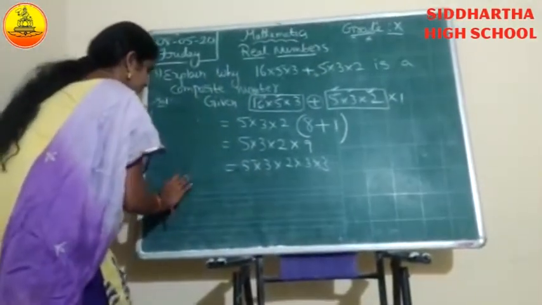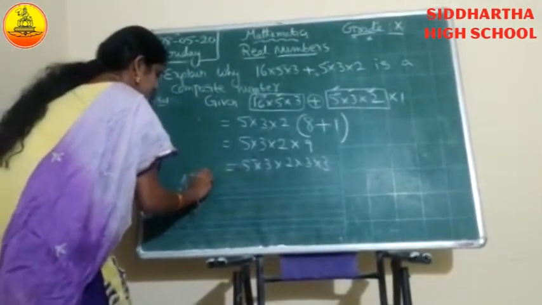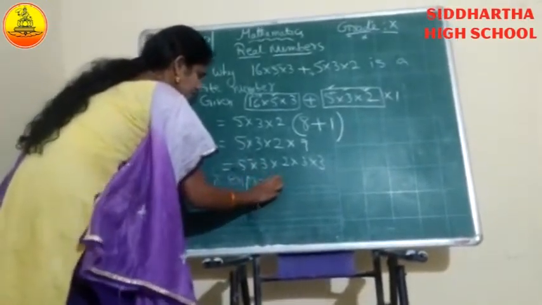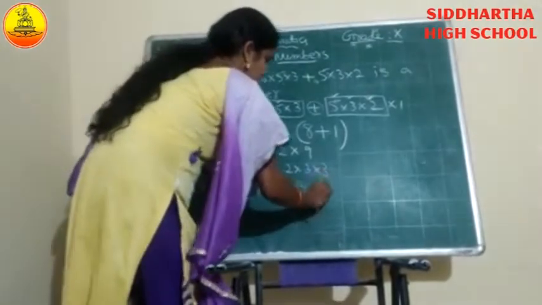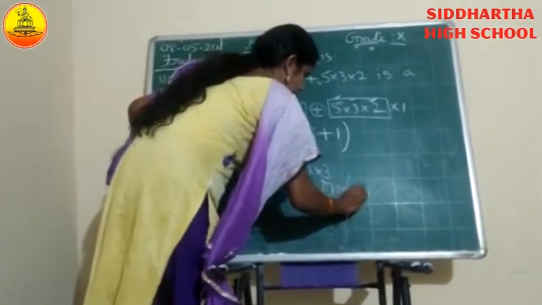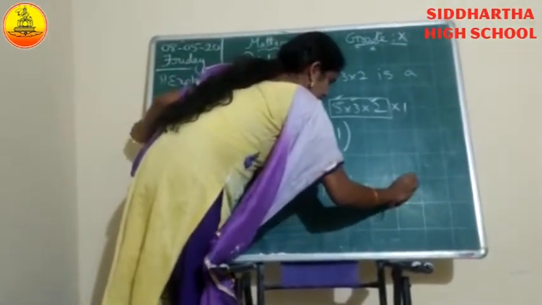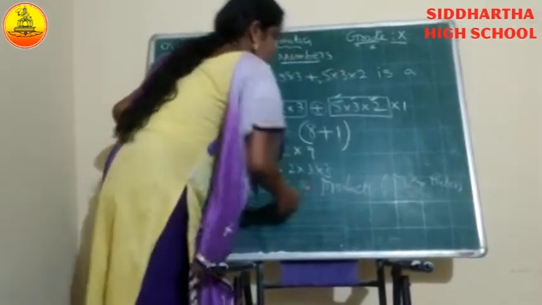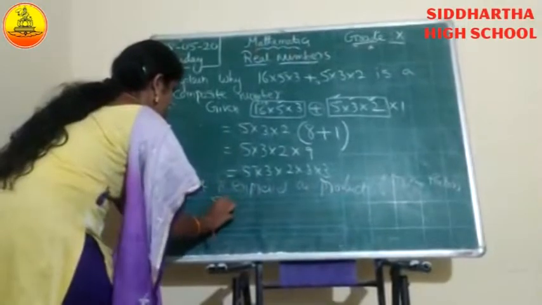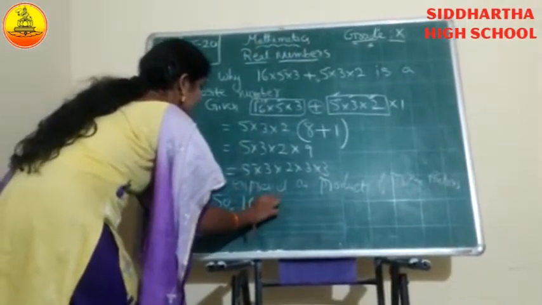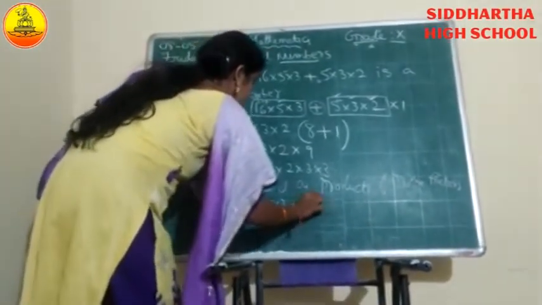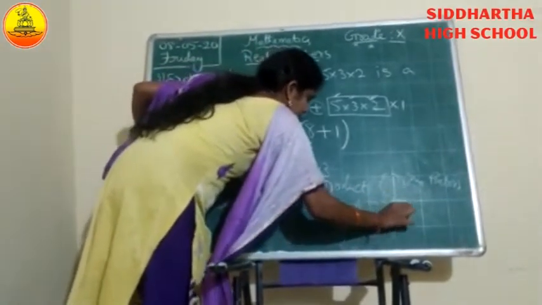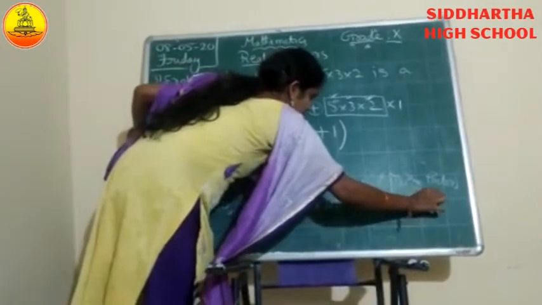According to this, it is expressed as a product of prime factors. So we write: 16 into 5 into 3 plus 5 into 3 into 2 is a composite number.